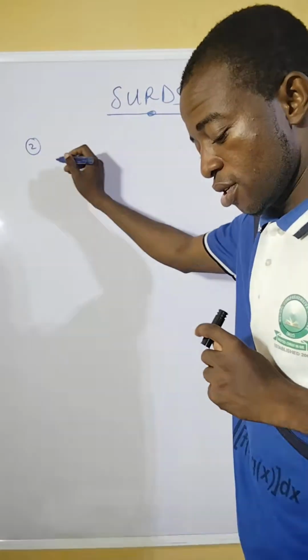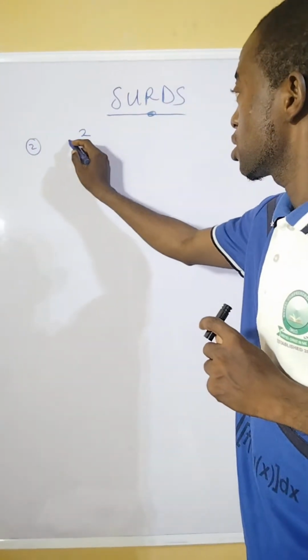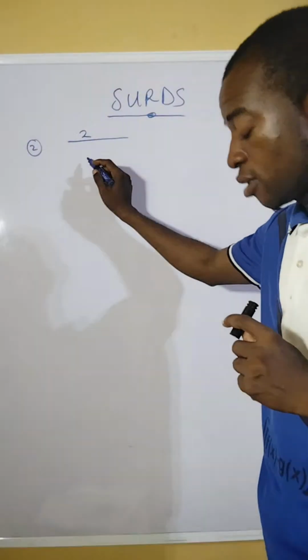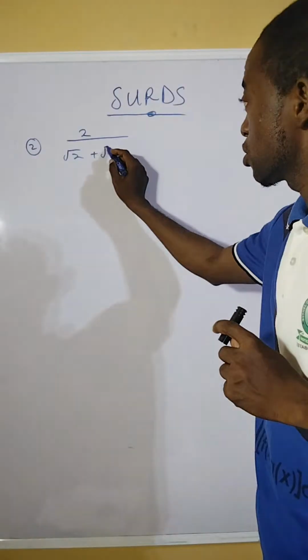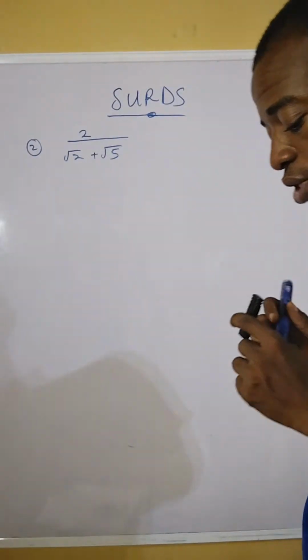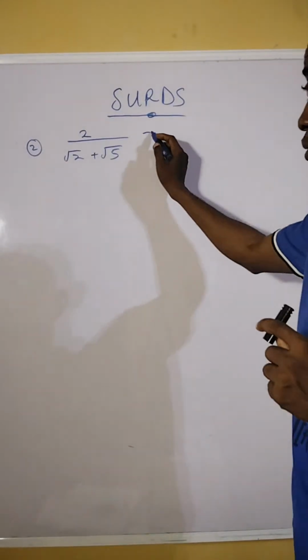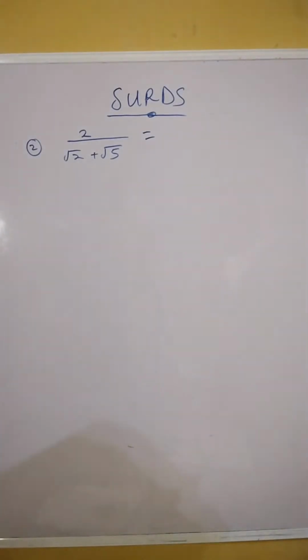Second one, we have 2 divided by root 2 plus root 5. So we also rationalize this surd here. Excuse me, we multiply and divide by the conjugate surd of the denominator.